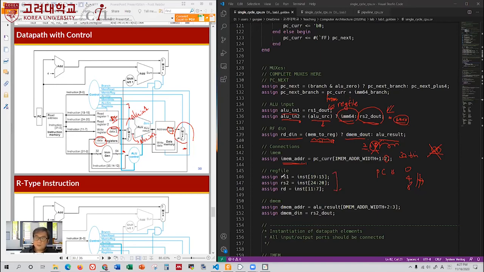Also, this is the RS1, RS2 ID. The register file receives these values from the instruction.